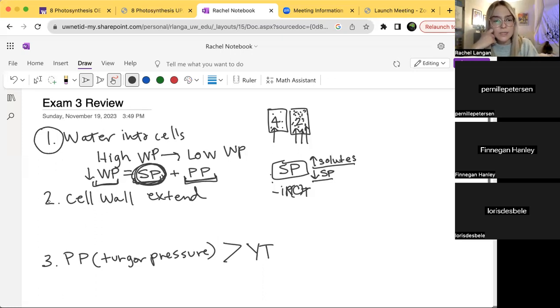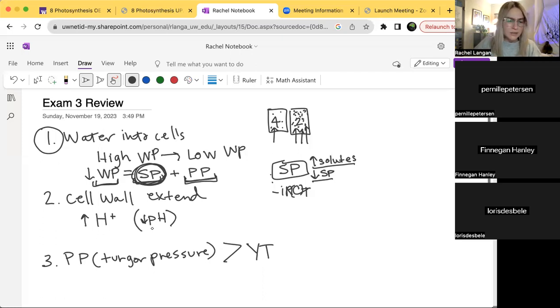The other thing we need is the cell wall to extend. So we get the cell wall to extend by kind of breaking up the cell wall. And it turns out that's accomplished by increasing the amount of hydrogen ions in the cell wall. So that's also going to decrease the pH of the cell wall.